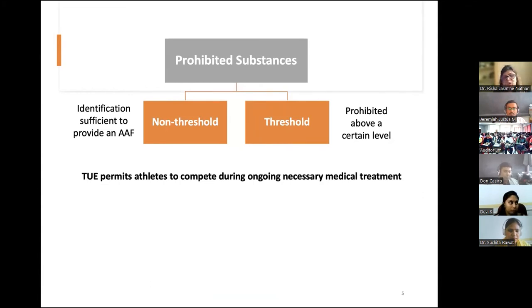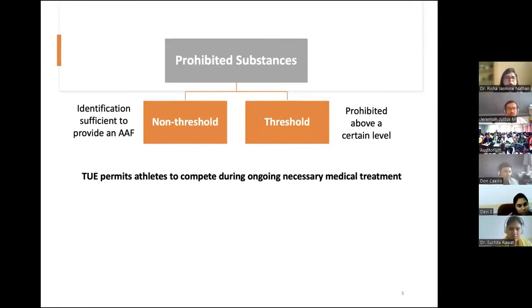Only if you find these drugs in the athlete sample, they are in trouble. In comparison, for threshold substances you need a certain prohibited level above which these compounds or drugs are banned. So when we are testing the athlete samples, we need to be careful about whether a threshold is set or not in order to report an adverse analytical finding.